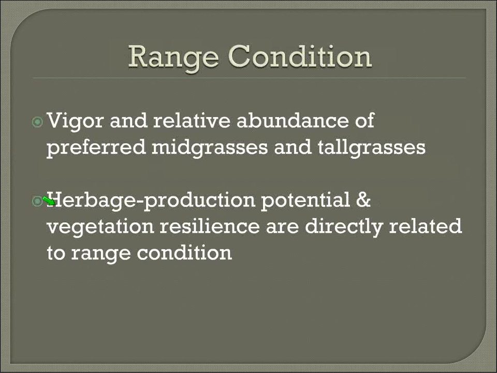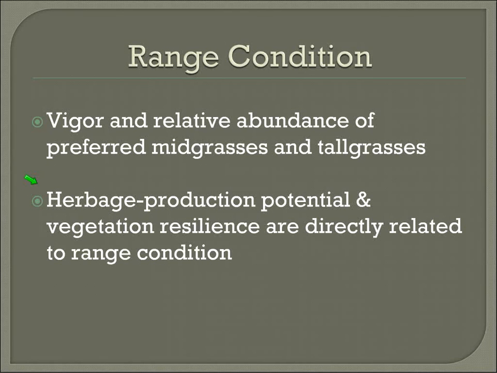And then finally, when we talk about range condition in our work area, in Nebraska, eastern Colorado, and eastern Wyoming, we're focusing primarily on the vigor and the relative abundance of our preferred midgrasses and tall grasses. And once you know those species, then every time you travel through the pasture, you're looking for those species, and you need to make notes about what's happening to their relative abundance and vigor.